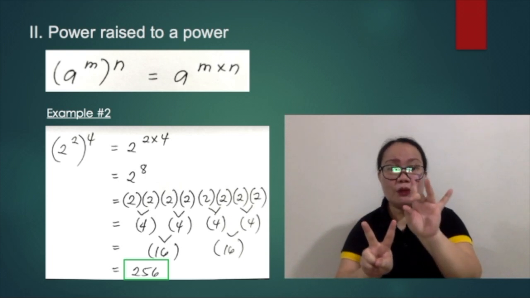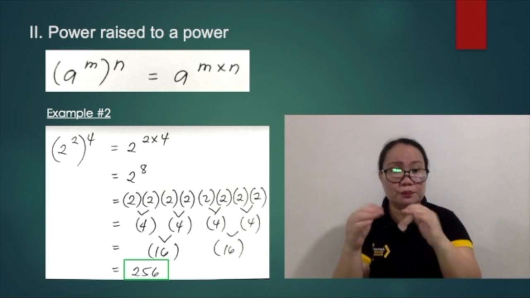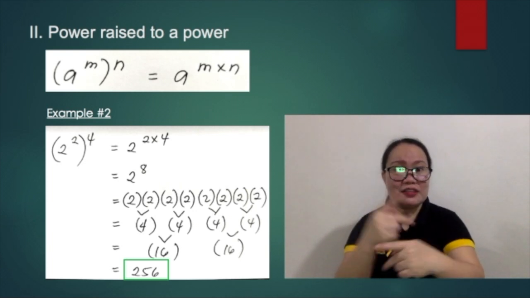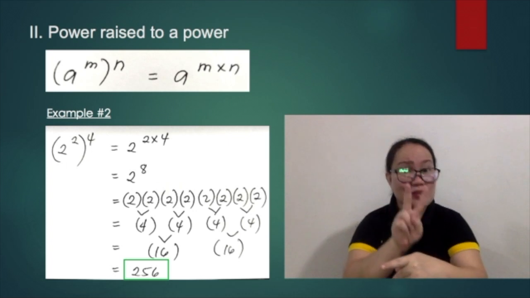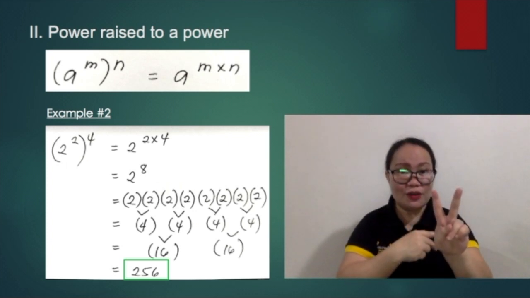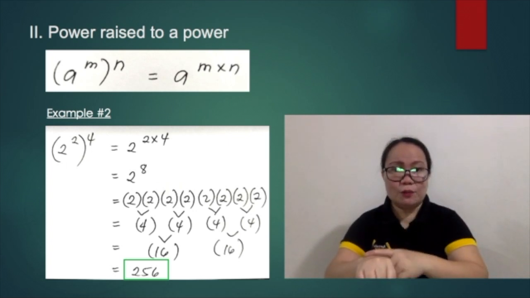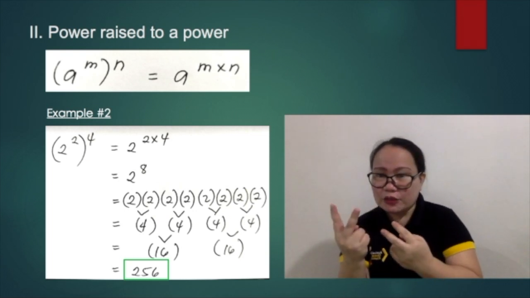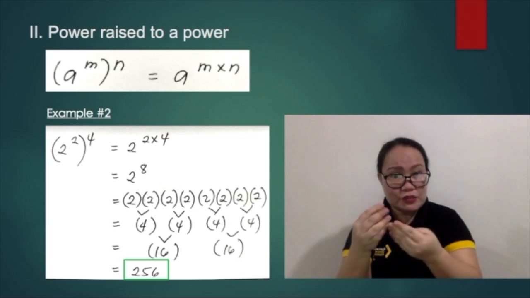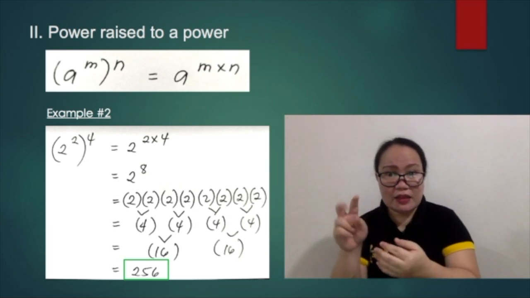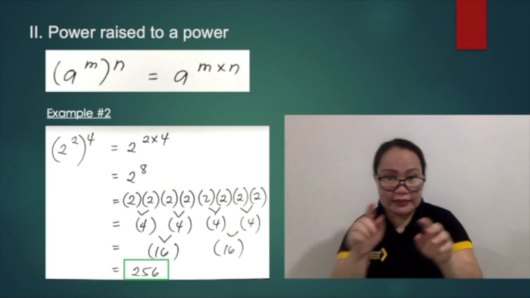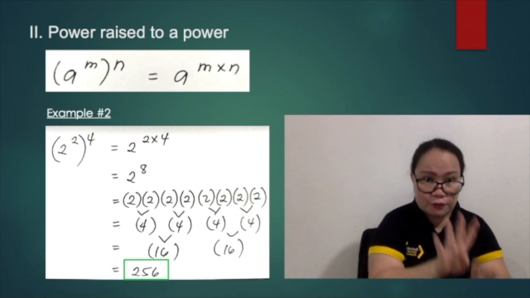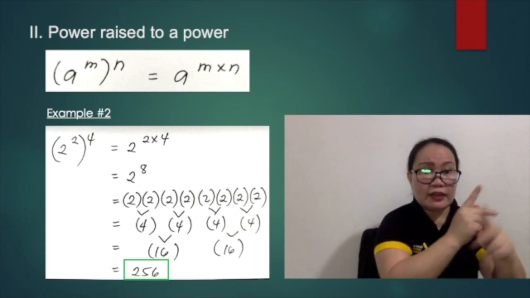2 raised to the power of 8 is equal to 2 times 2 times 2 times 2 times 2 times 2 times 2 times 2, 8 times multiplied by itself. So simply look at my example how to solve it easily. 2 times 2 is 4, and then the other 2 times 2 is 4. 2 times 2 is 4, and then the last set 2 times 2 is 4.